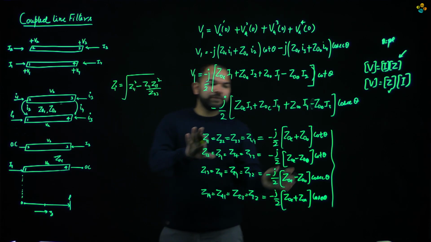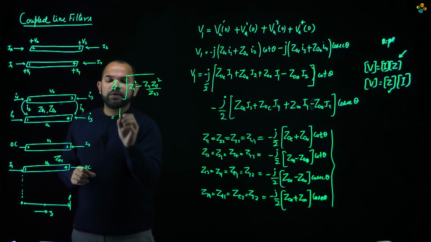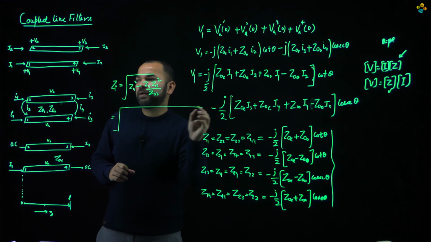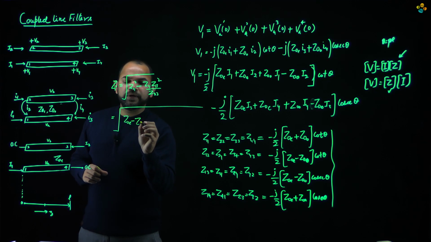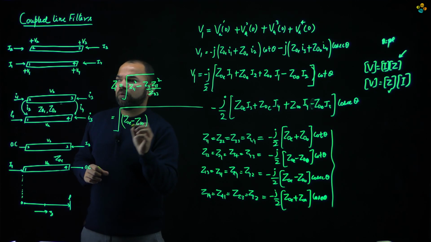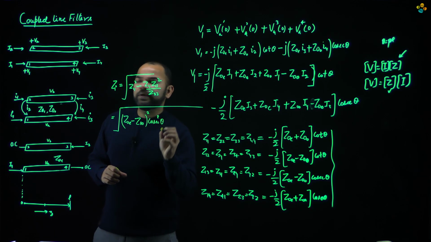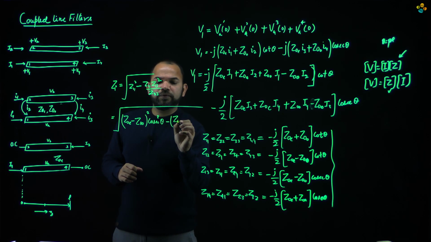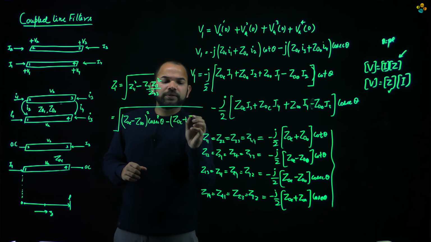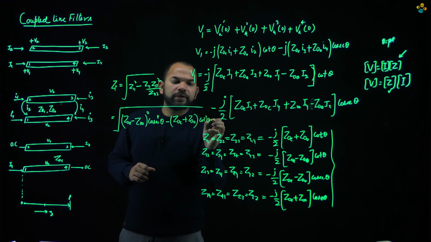If we put these values here and solve this expression, it is going to look something like ZOE minus ZOO whole squared cosec squared theta. Similarly, the other expression is ZOE plus ZOO cot squared theta.